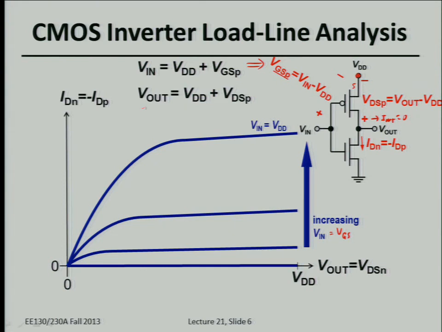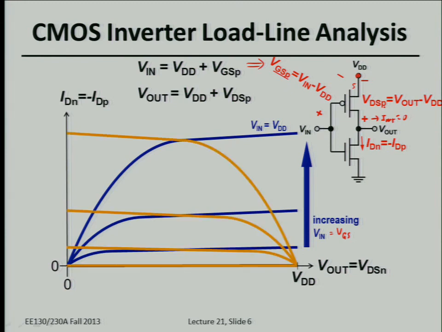That's how we get this equation, but then we can invert it to write an equation for VDS. The drain to source voltage of the PMOS is just equal to the output voltage minus VDD. If we account for that, then you can figure out that the IV curves for the PMOS device look like this.